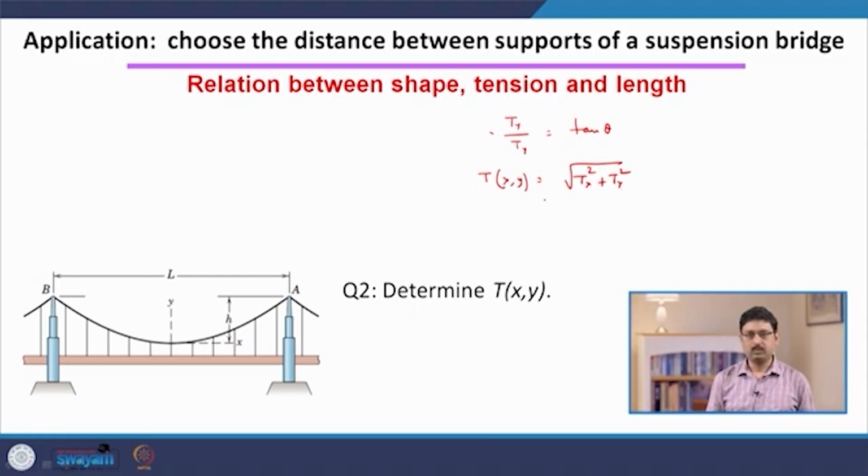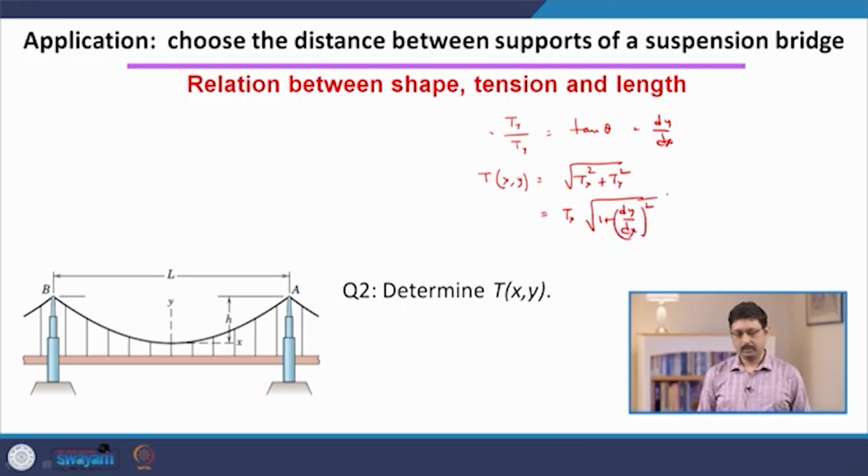This force has two components, x and y, and again this is dy dx, which we have seen from geometry. So, if you take Tx out, you get Ty by Tx, which is given by the same ratio, 1 plus dy by dx whole square.